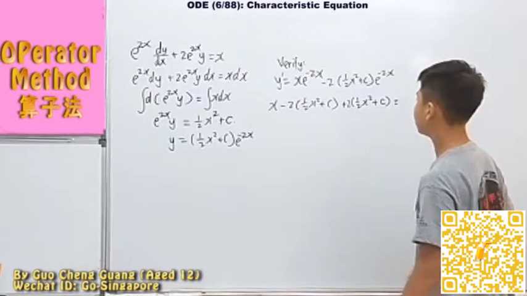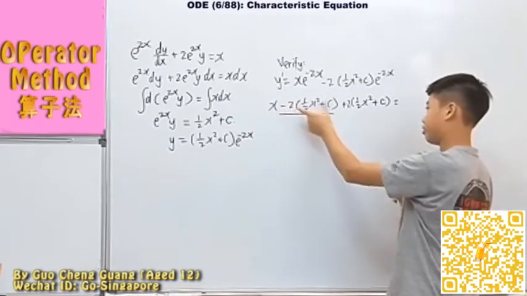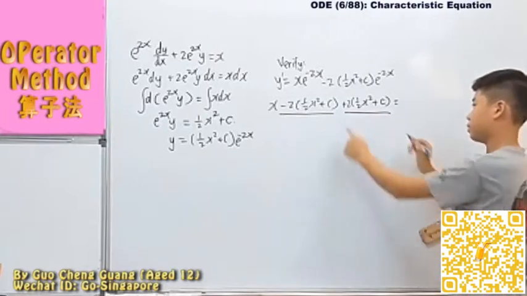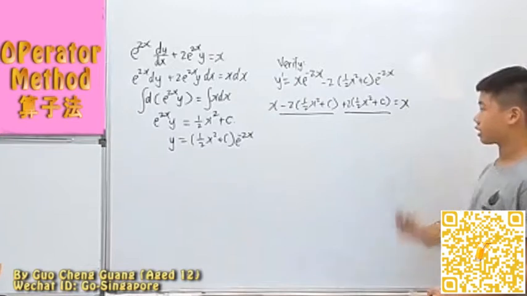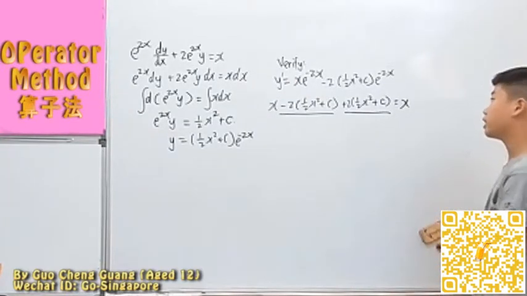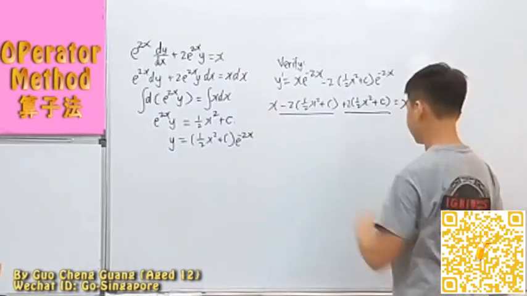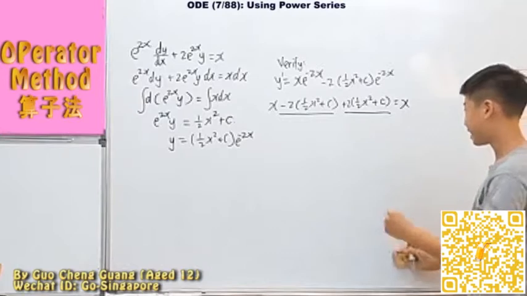At this part, you'll see a negative of this whole chunk, and this part is a positive of the same thing. So that means you cancel out, then all that you get is x. So this first derivative example, I'm just going to add it here, just to say that it is right. Next part, I'm going to move on to the second derivative.